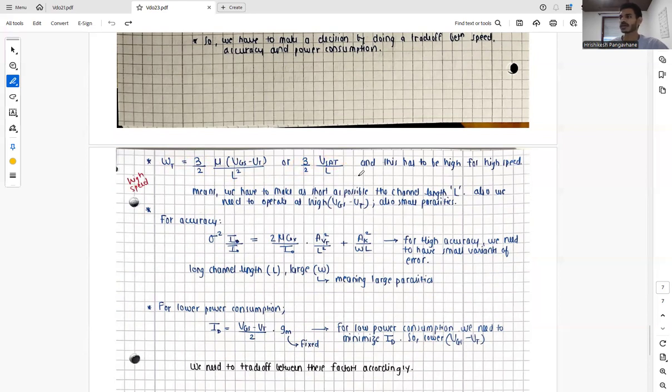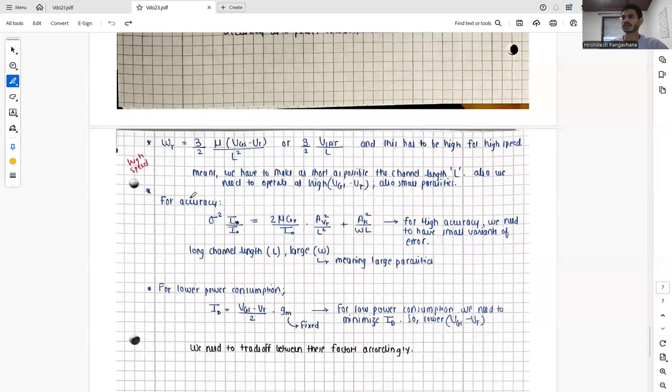For this value to be high, we need a lower value of length, which means we have to make the channel length as short as possible, and also operate at high VGS minus VT. And when we make the channel length shorter, we also need small parasitic effects. So this is for high speed.